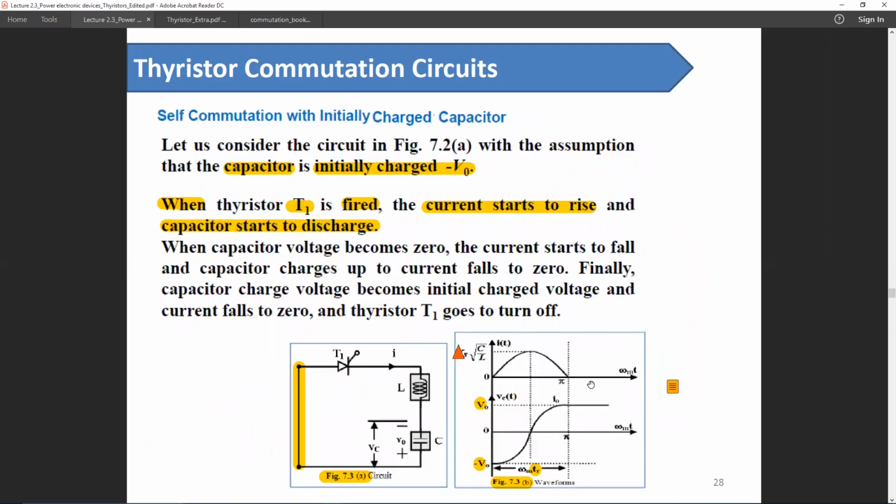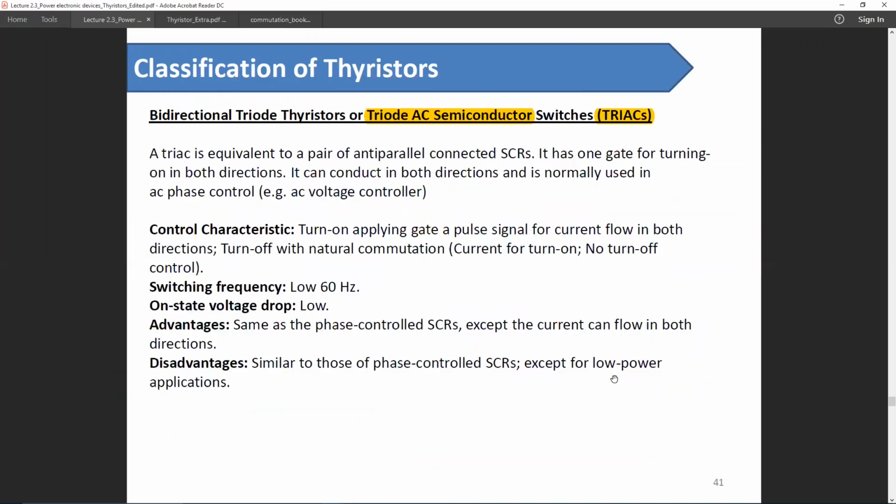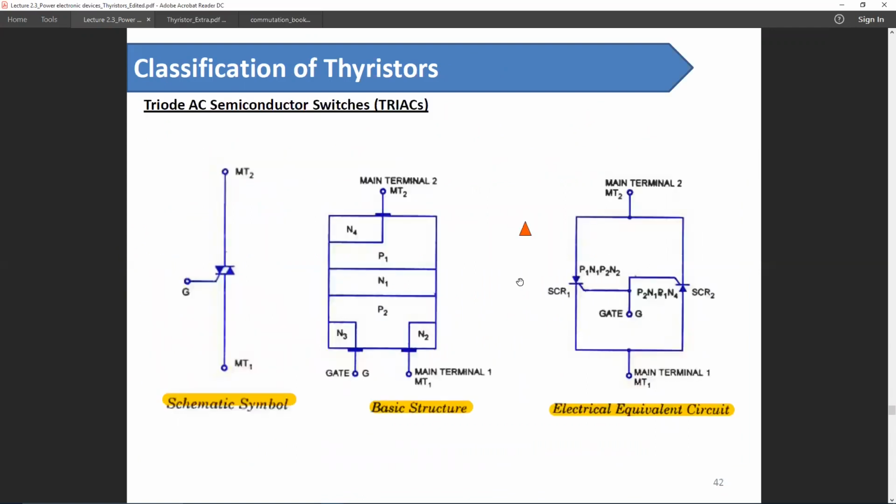But sometimes we need to drive AC loads like an induction motor or ceiling fan by these thyristors. So in order to do so, if we connect an antiparallel thyristor with the first one, this SCR2 will conduct during the second half cycle.